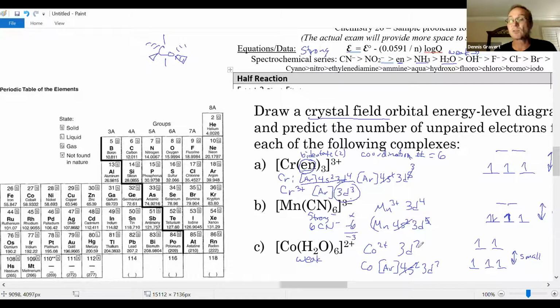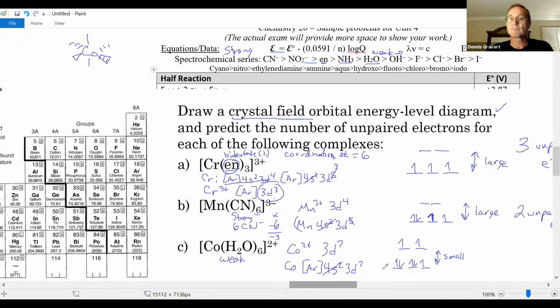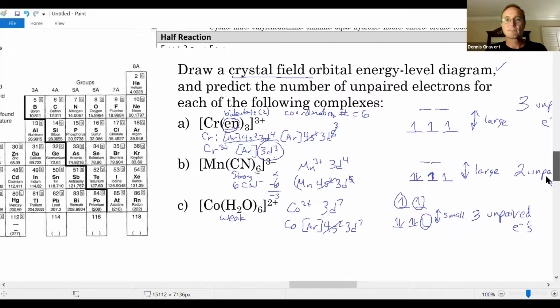There's 2 left over for 7. So now pair up on the bottom. There we go. That's the electron configuration for that complex. How many unpaired electrons do we have? 1, 2, 3. Those are unpaired. 3 unpaired electrons. Nice. Cool.